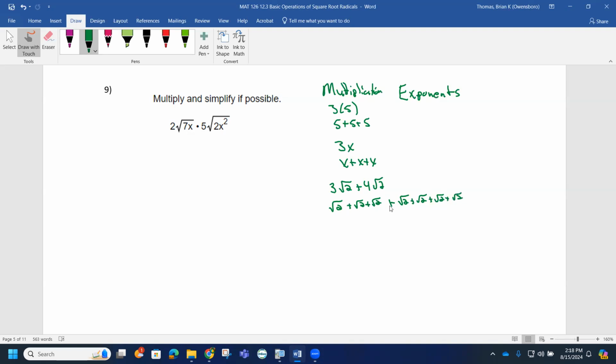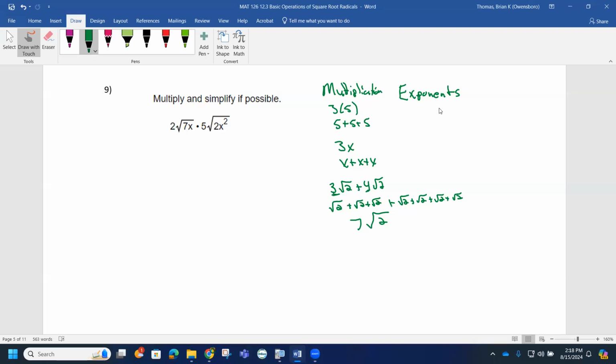But how many square root of 2's do we have added together? 1, 2, 3, 4, 5, 6, 7. So we have 7 times the square root of 2 as our answer. So we've learned that if you're combining like radicals, all you really have to do is add these coefficients, if you will. But that's multiplication.